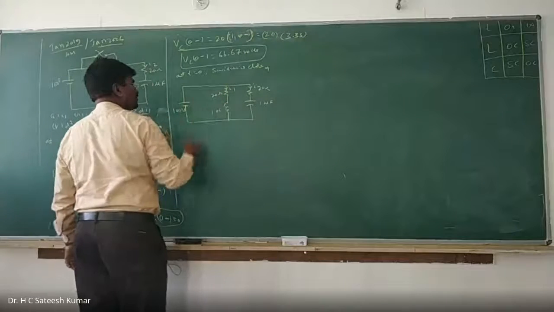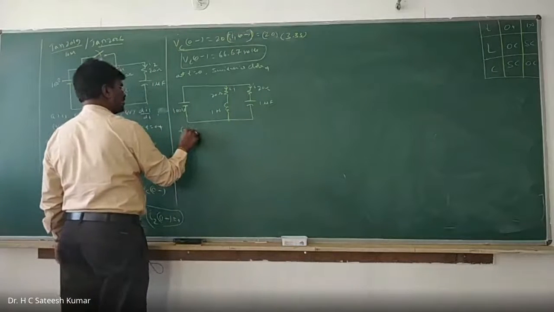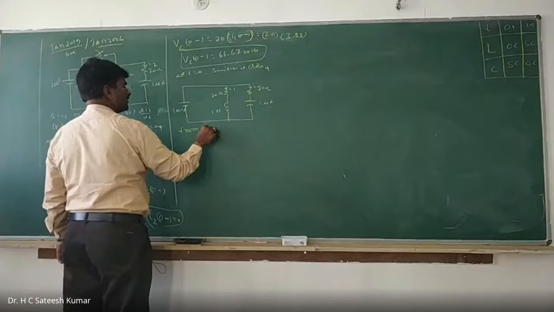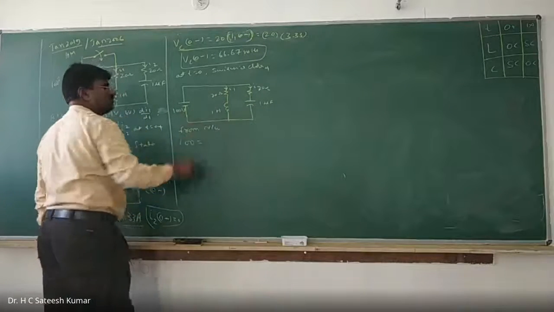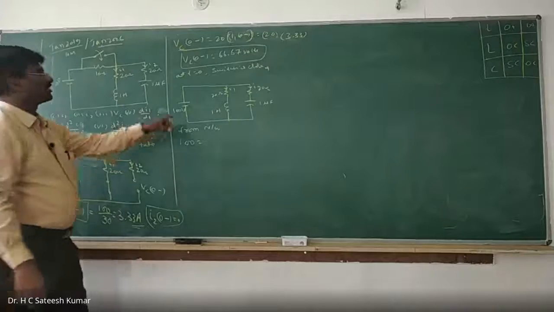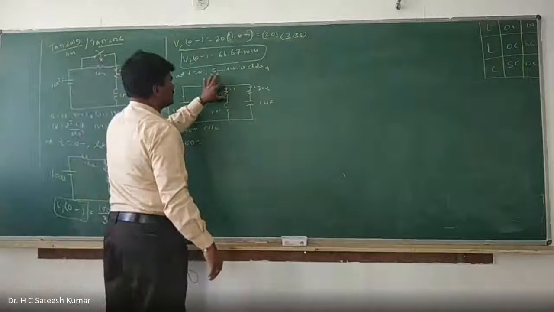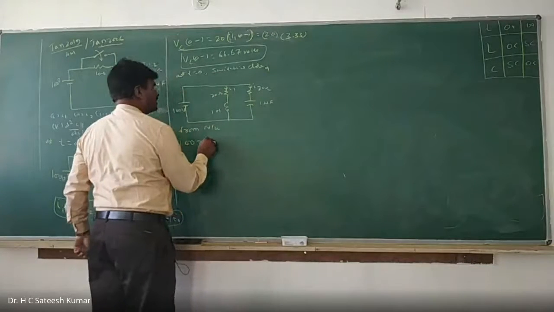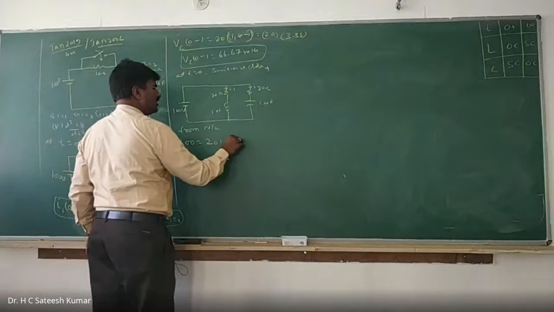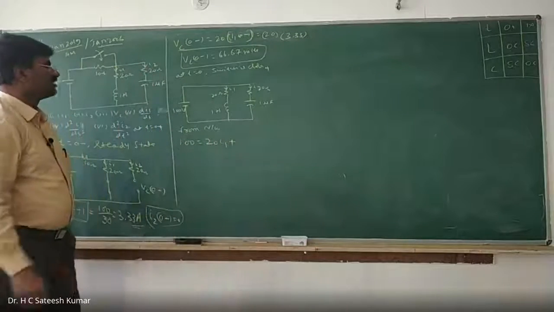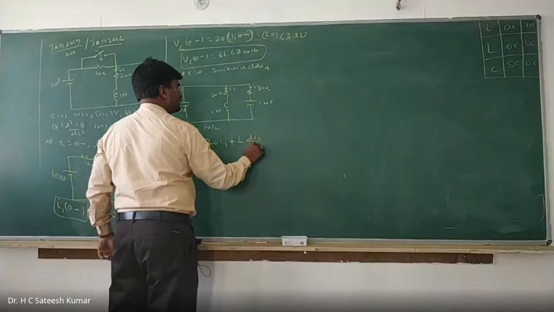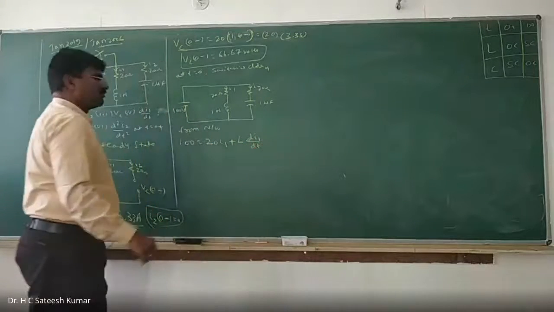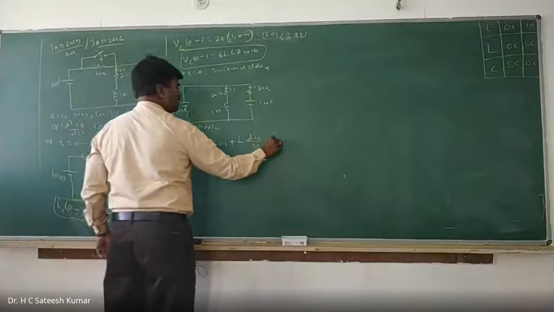From the network, we will get two equations. From the network, we get 100 is equal to R into I1 plus L into di1 by dt. This voltage is equal to this drop plus this drop. That is 20 into I1 plus L into di1 by dt. Call this equation number 1.